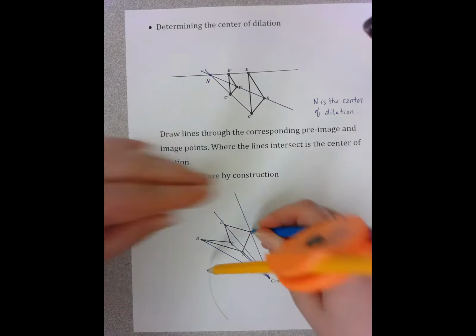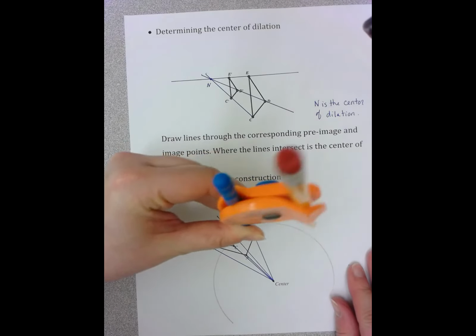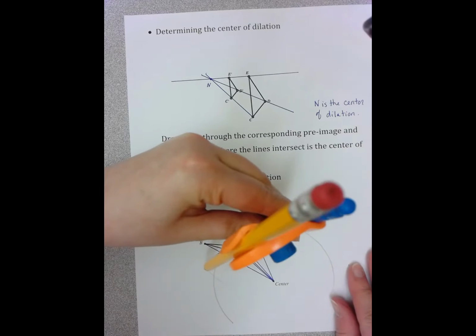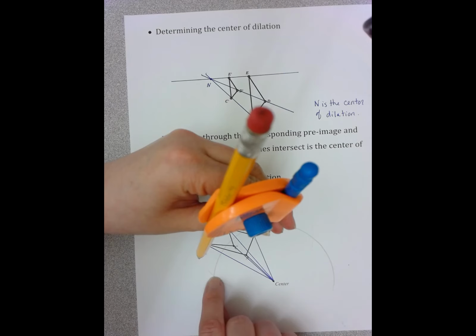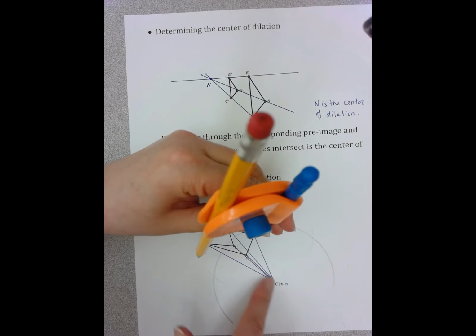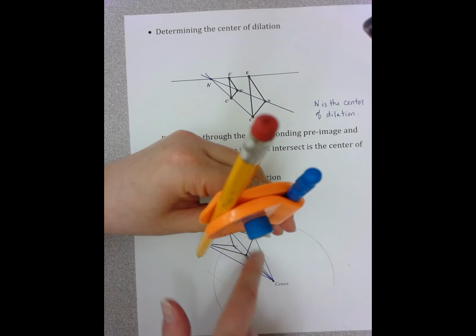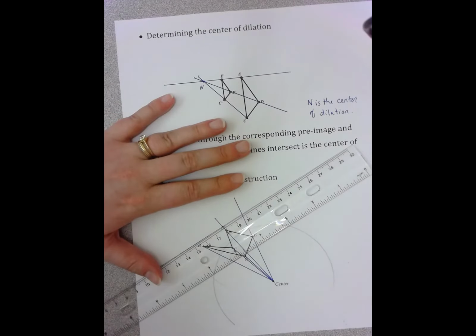So from E, I make a mark to the right, to the left, where these two arcs intersect and these two arcs intersect. That is the line that will cut E to the center in half. So now I'm going to connect those two lines.